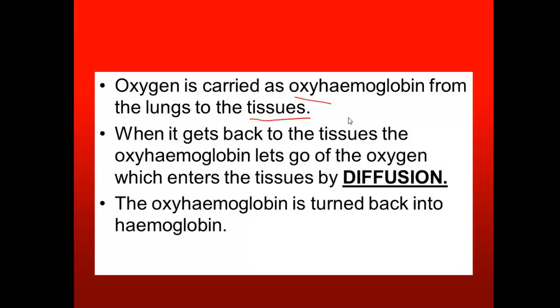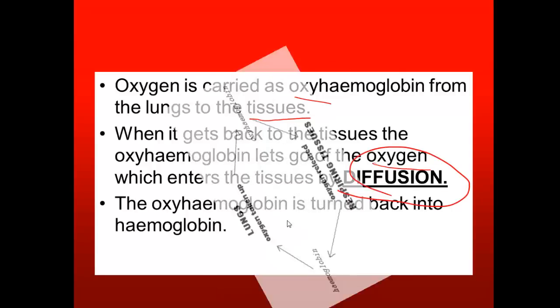Now you'll remember from Nature and Variety of Living Organisms that tissues are collections of similar cells doing a similar job. So they carry oxyhemoglobin to your cells, and those cells are respiring, and they need oxygen, and then they let go of the oxygen. The oxyhemoglobin lets go of its oxygen, and that oxygen enters the tissues by diffusion.